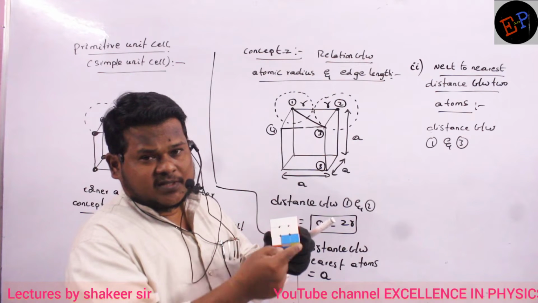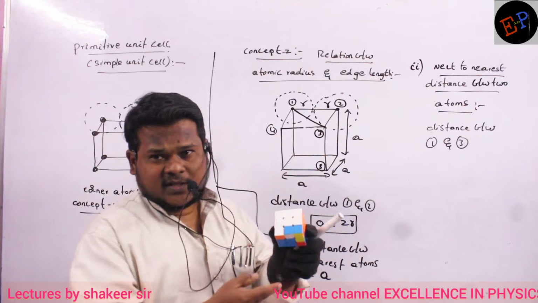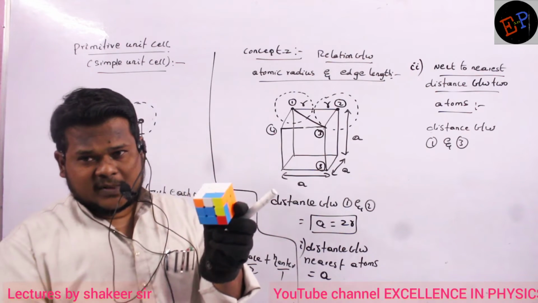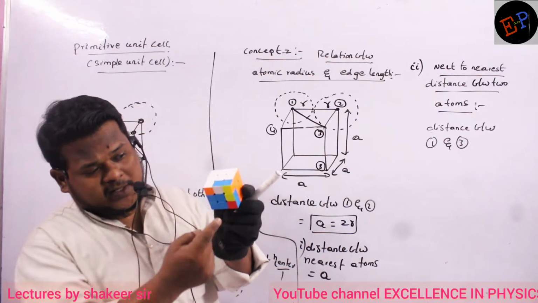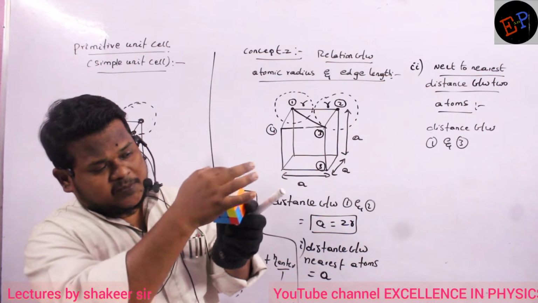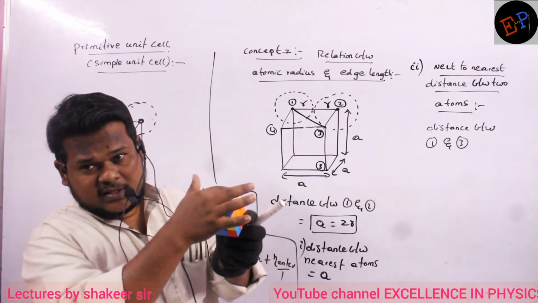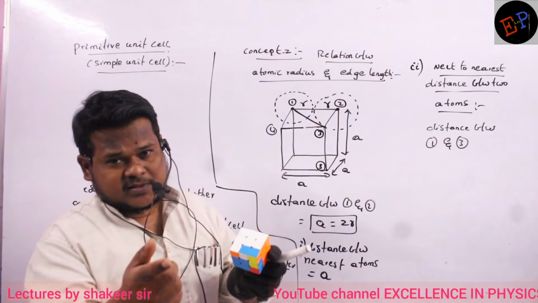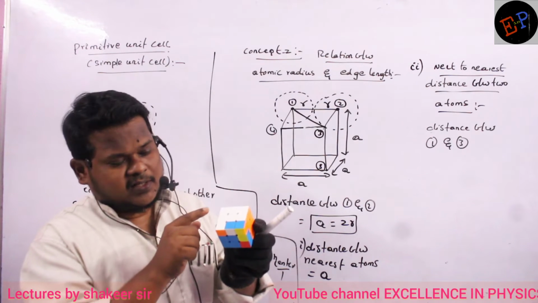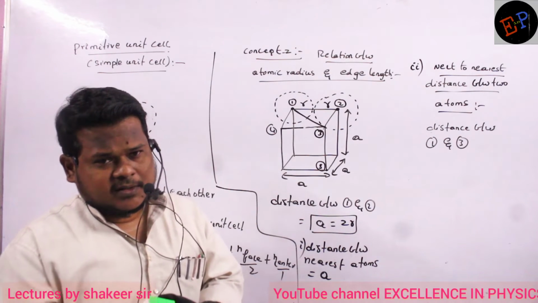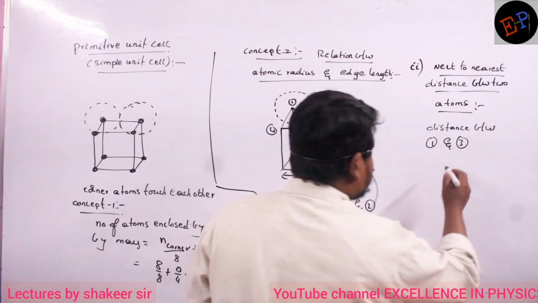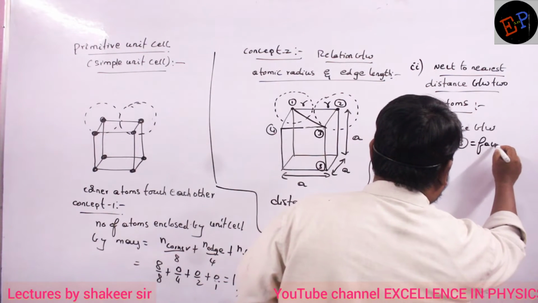So is it a face diagonal or a body diagonal? Face diagonal. Then which is the body diagonal? 1 and 4. If I take this point and this point, they become a body diagonal. And that is not the next nearest distance. So the next nearest distance is definitely the distance between 1 and 3 only, which is called the face diagonal.